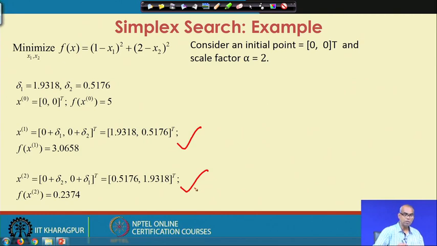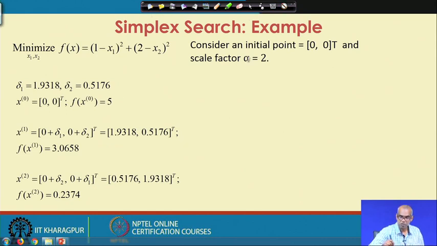I find out the function values. At x 0 the function value is 5, at x 1 the function value is 3.0658 and at x 2 the function value is 0.2374. Since I am minimizing the function, x 0, which has the highest function value, is the worst point.